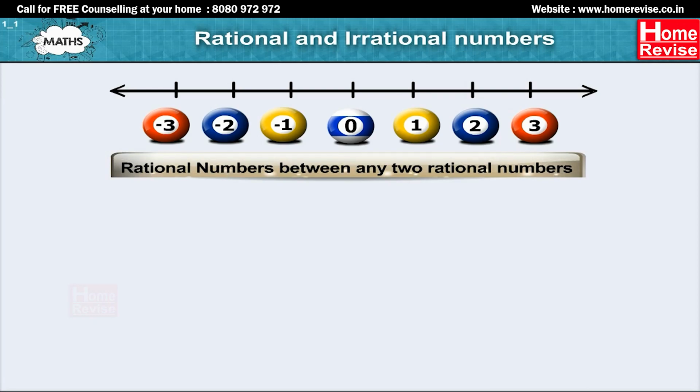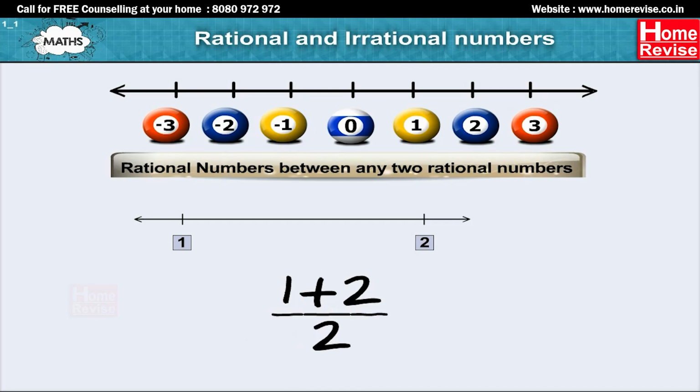To find a rational number between 1 and 2, we will add the numbers and find their average. So, 1 plus 2 divided by 2 is 3 upon 2.